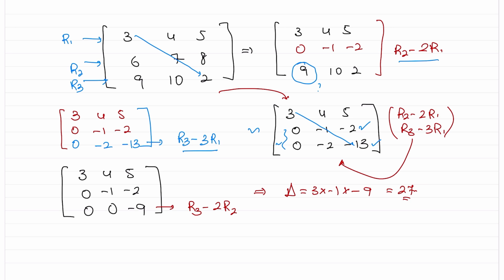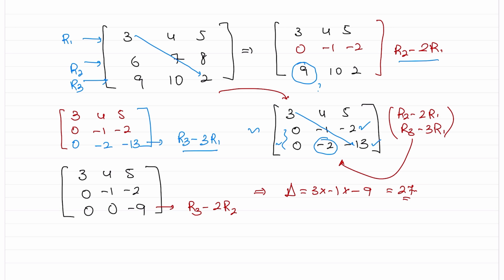Next, let us see. This particular thing I have to make 0. Because these two are already zeros in column 1, I can use R2 and R3 so that my first column is not disturbed. What happens now? Minus 1, it is minus 2.